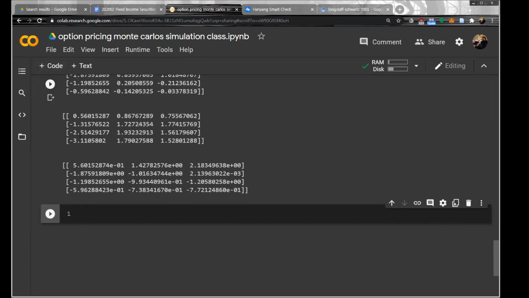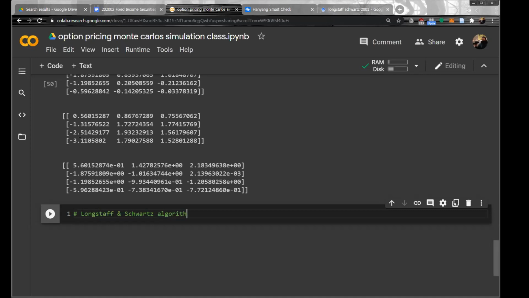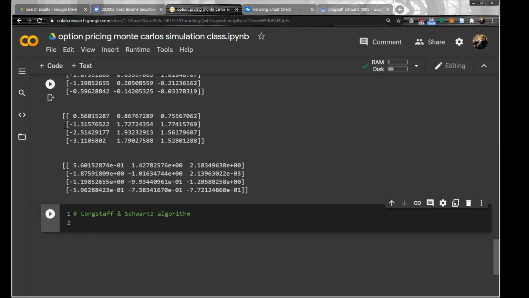Okay, so we are basically using the Longstaff Schwartz algorithm. I mentioned the paper.